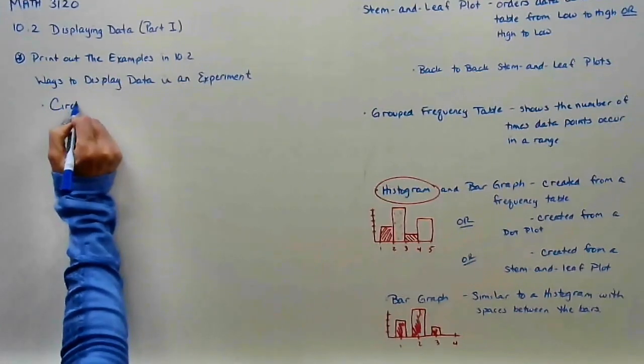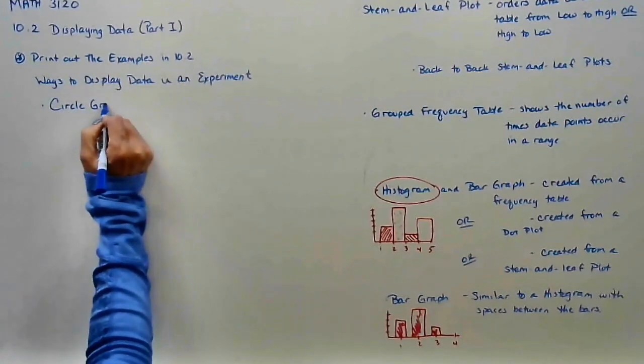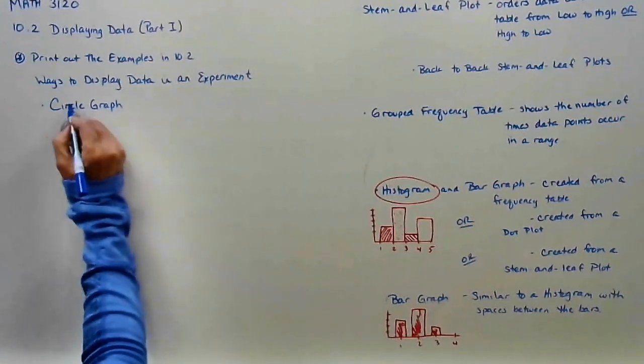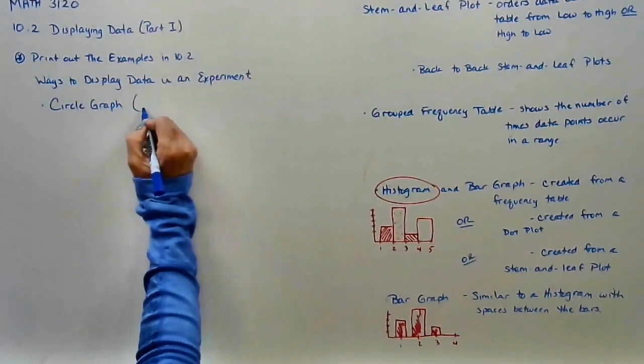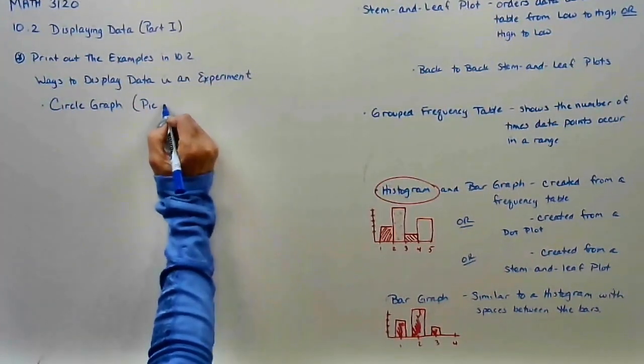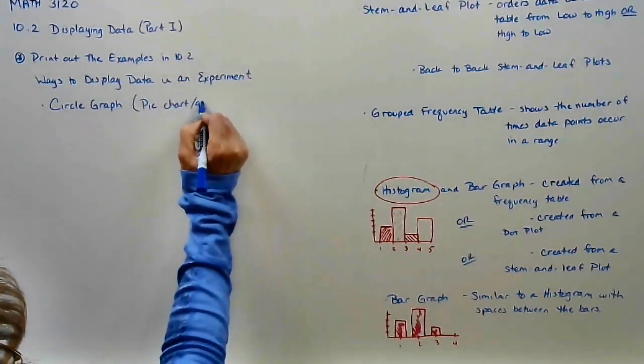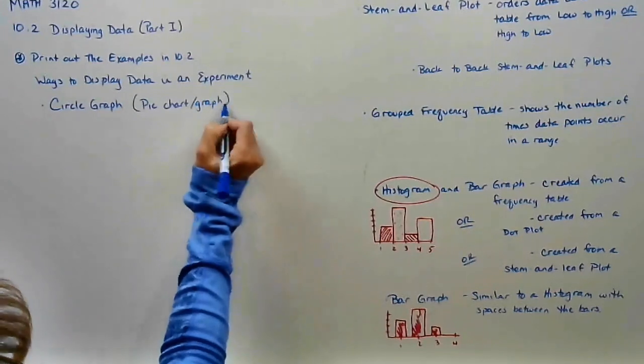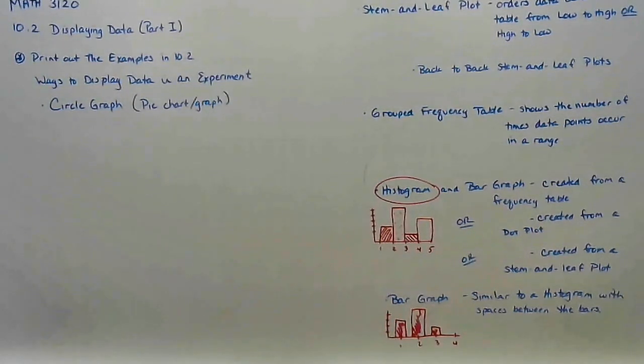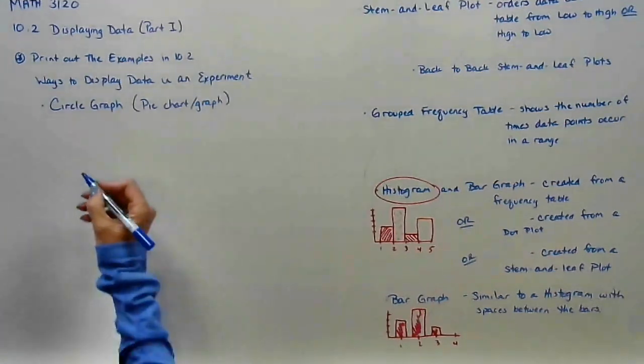It's actually called a circle graph because you are organizing and displaying this data in a circle, but sometimes you hear it as a pie chart or a pie graph. But technically it's a circle graph because you're creating a circle. And what happens is this circle is broken into wedges that represent which part or percentage.